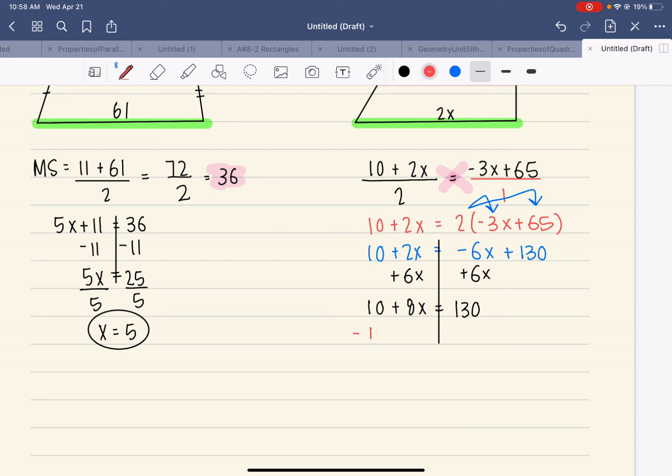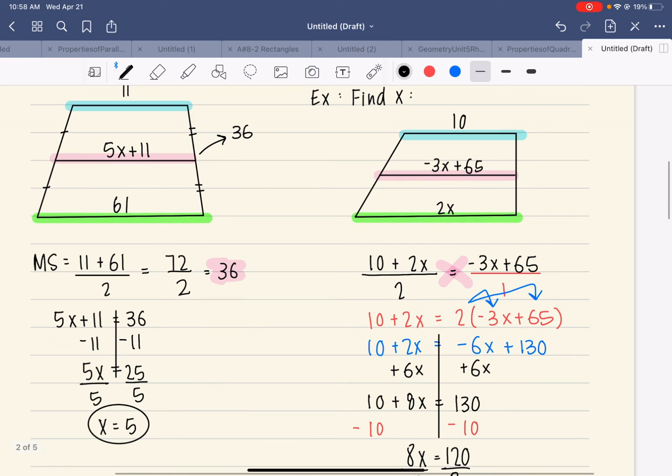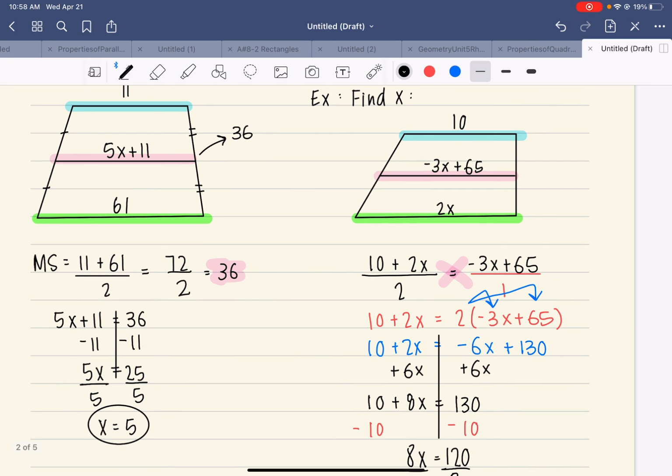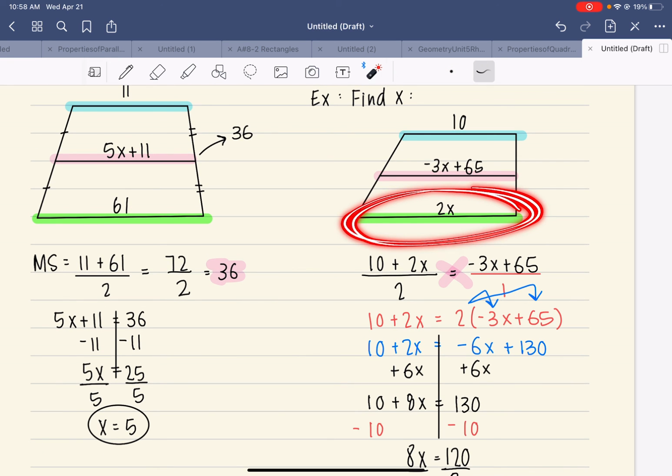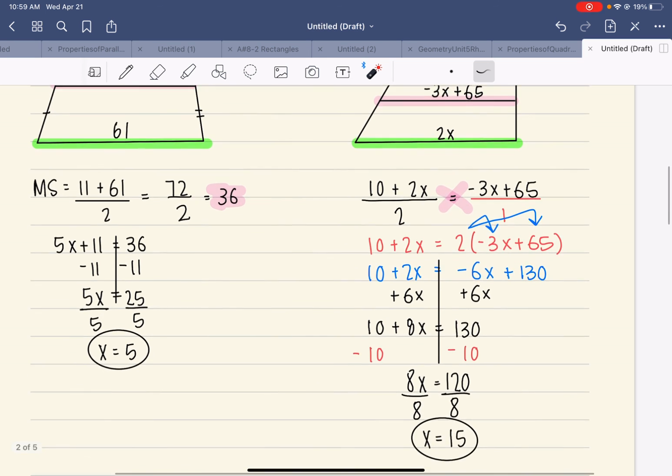I'm going to subtract my 10, and I'm left with 8x equals 120. When I divide by 8, x equals 15. So when there's an x on one of the bases, you're going to have to cross multiply to be able to solve for x.